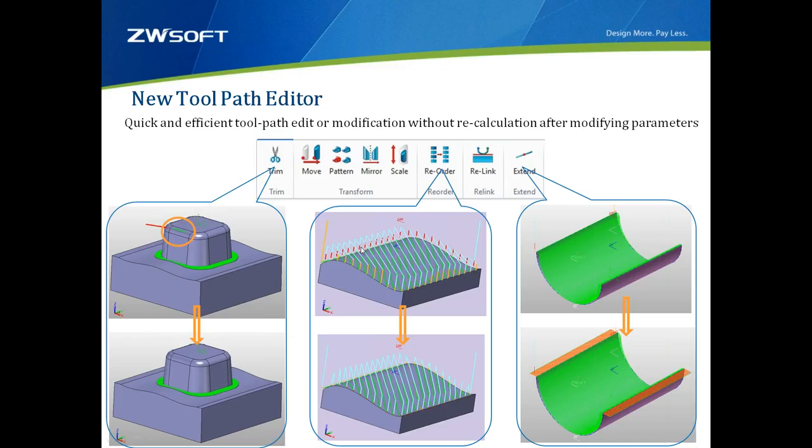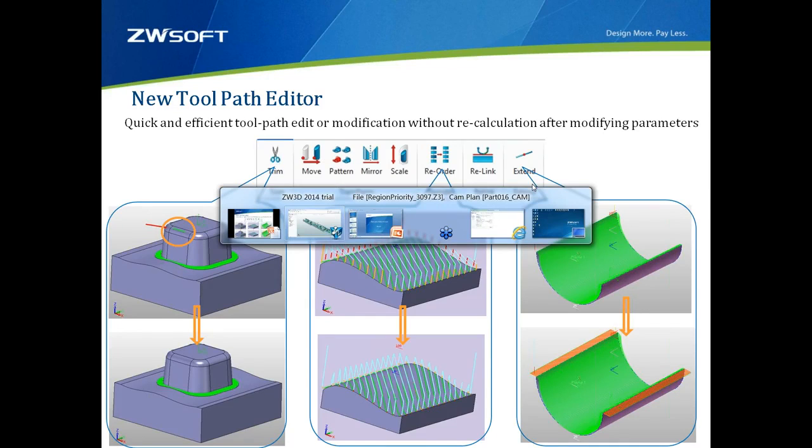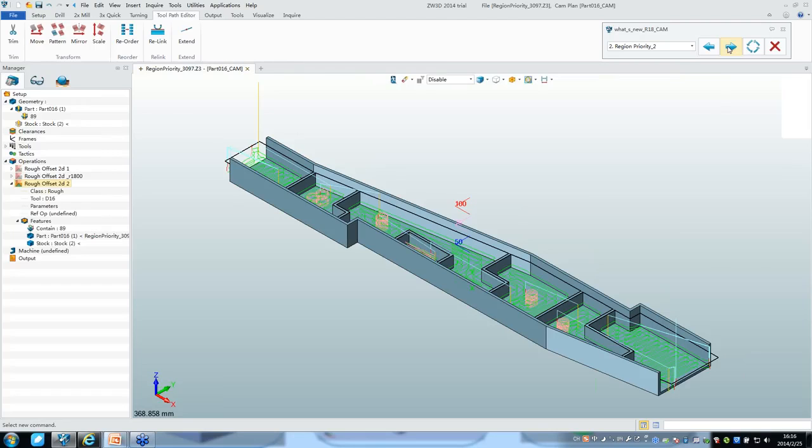Just like this picture shows, we have developed a series of tools to help users trim, move, pattern, mirror, scale and reorder, and also extend the Toolpath. Okay, let's go to the software to see how the Toolpath editor works.